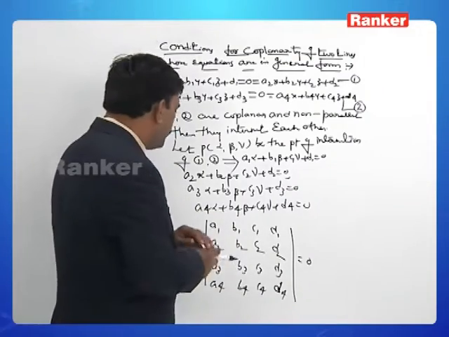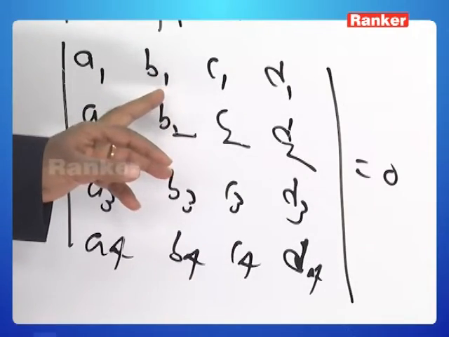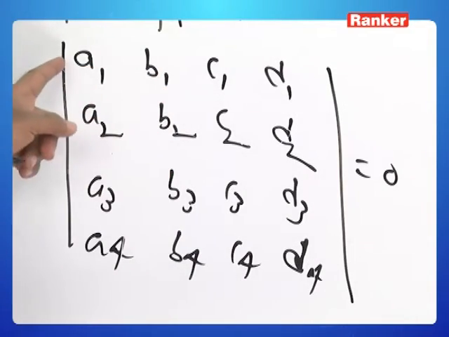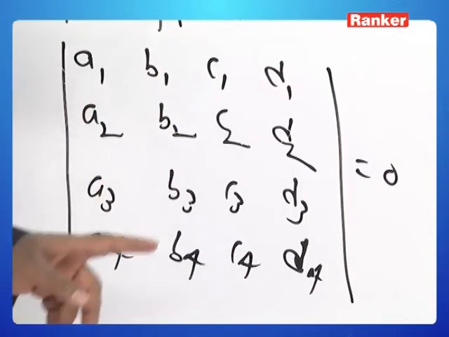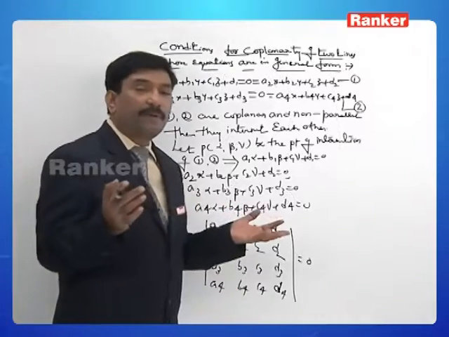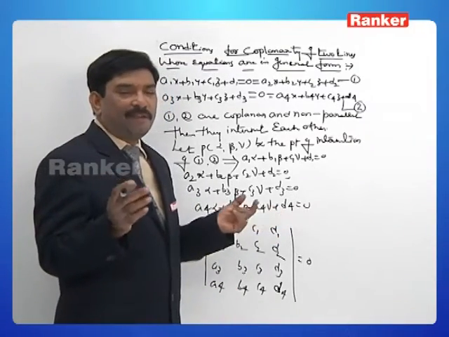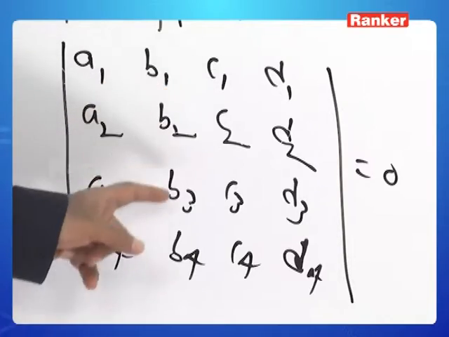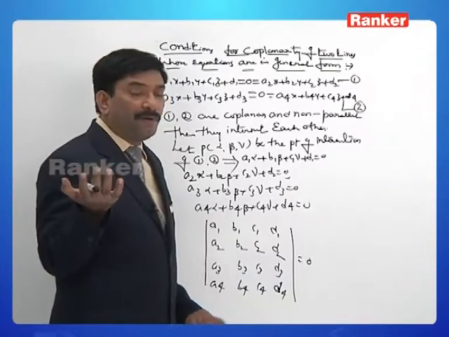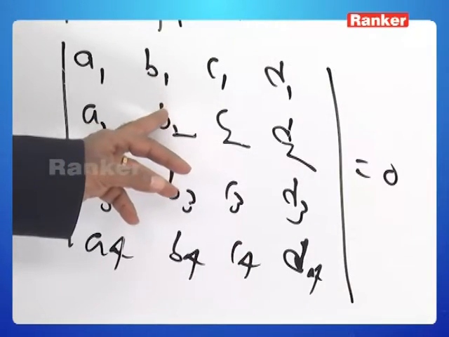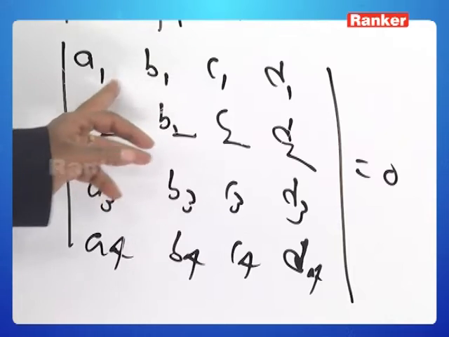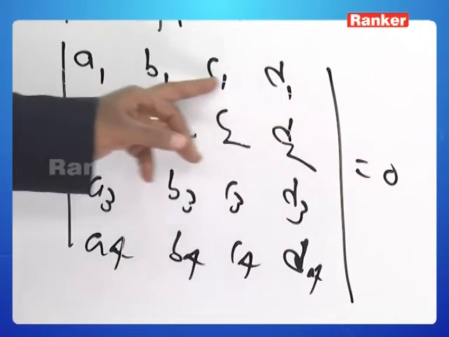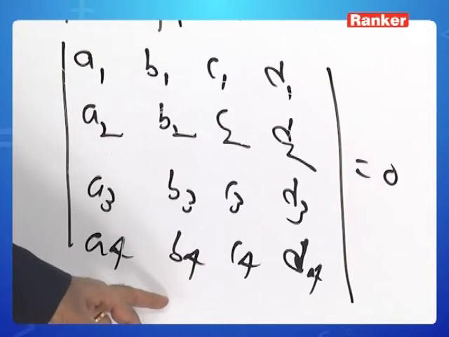Next, go with B1 with a minus sign, because it is in the first row, second column: (-1) to the power i plus j is (-1) cubed, therefore it's a minus.